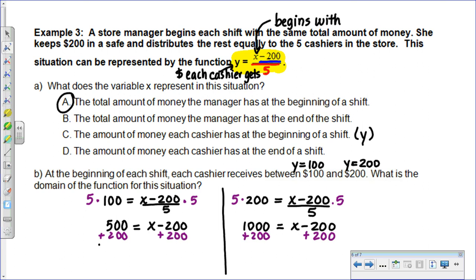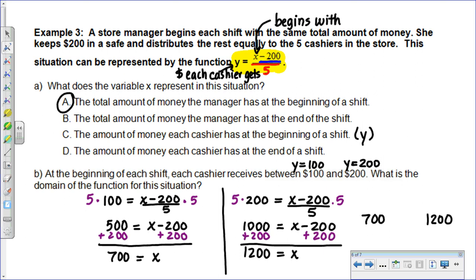So, if each cashier receives $100, then the manager began the shift with $700. If each cashier receives $200, then the manager began the shift with $1,200. So the domain for this function is any amount between 700 and 1,200, written as a compound inequality.